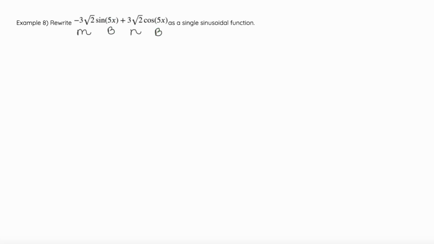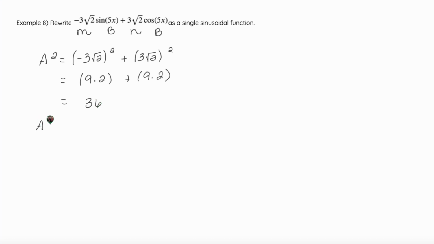So let's first start by finding a. a squared is negative 3 square roots 2 squared plus 3 square roots 2 squared. Let's see, 9 times 2 plus 9 times 2, or 36 when I take 18 plus 18. Thus a has to equal 6.